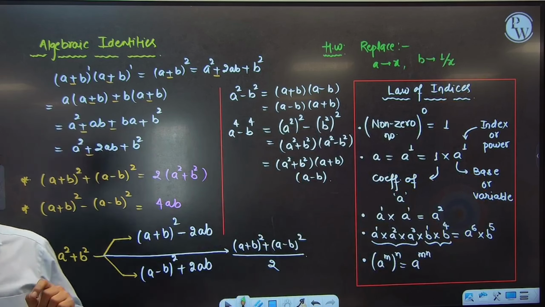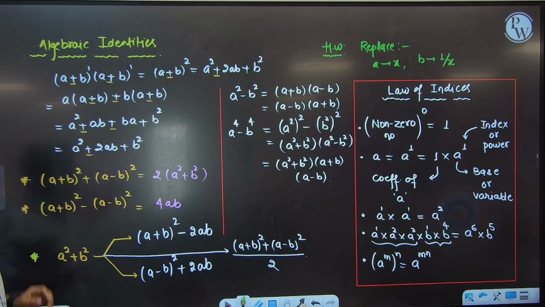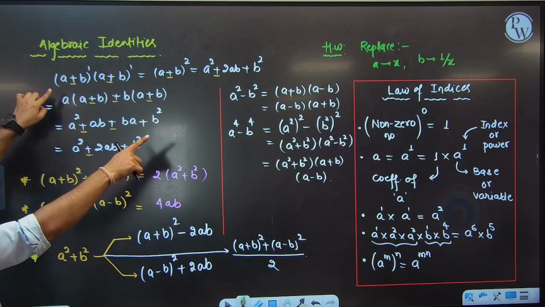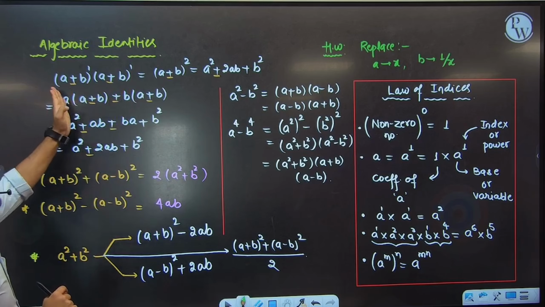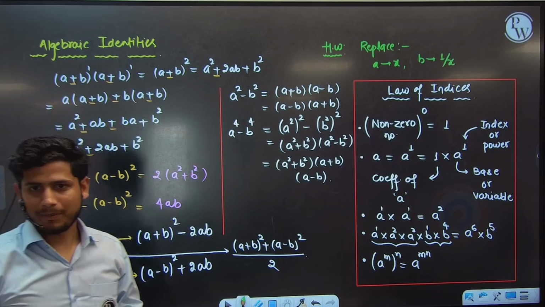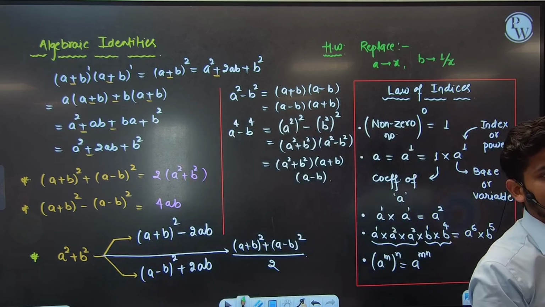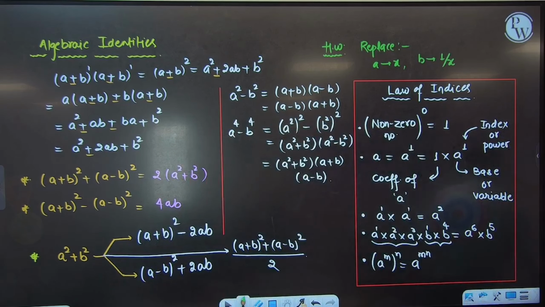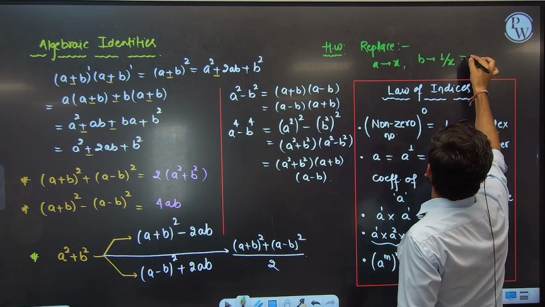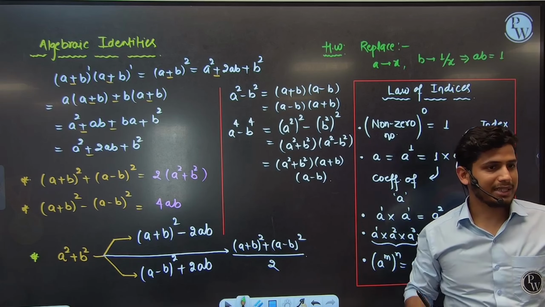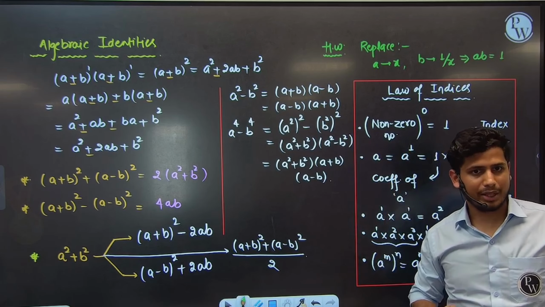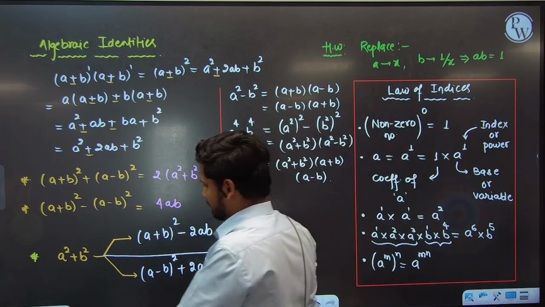It means when you are at home, put a equal to x and b equal to 1 upon x, then you get (x plus 1 upon x) whole square. So you get the final result, x square plus 1 upon x square plus 2, because a into b is equal to 1, because these are reciprocals of each other, that's why x and x cancel. Okay, so this is your homework.